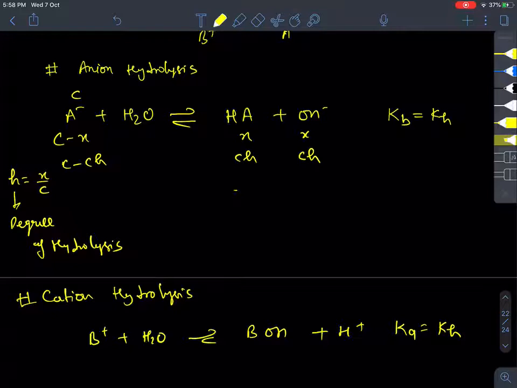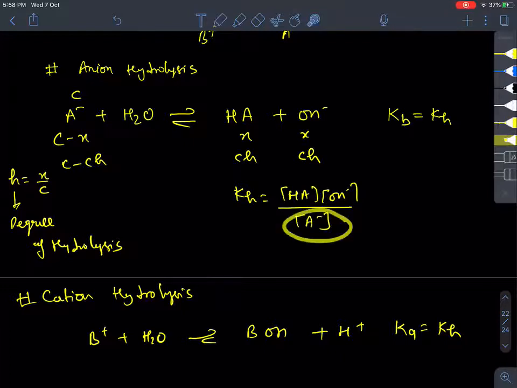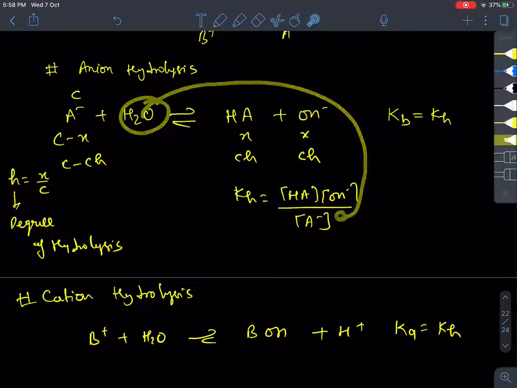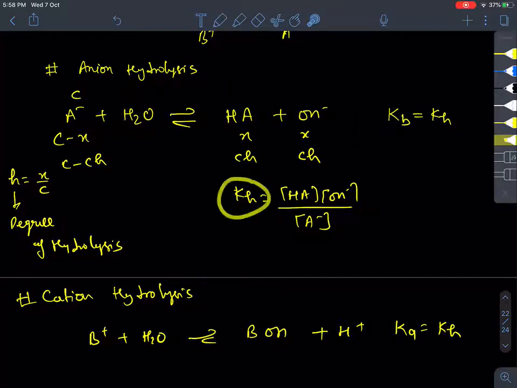Now the equilibrium constant, which is Kh or Kb, can be written as the product of HA into OH minus. This is how it is defined. Make sure that the water is not here, okay? Because that is already taken into this constant Kh.